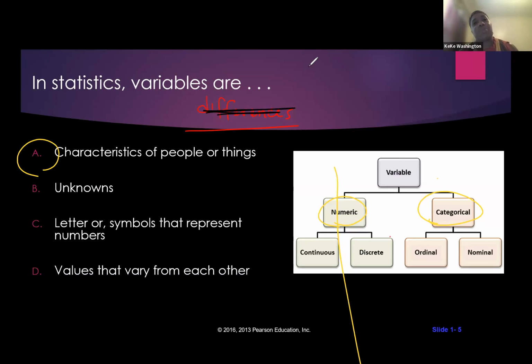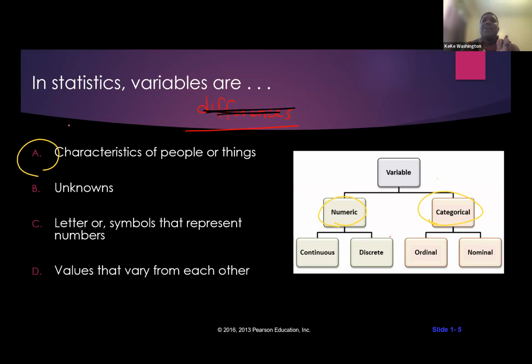Or are you interested in the person's gender? That will be categorical. But some of the things that we discussed in this module was that there are times where we have numbers that represent categorical variables. Some examples could be your zip code, because that represents a location, or your social security number, which represents you.